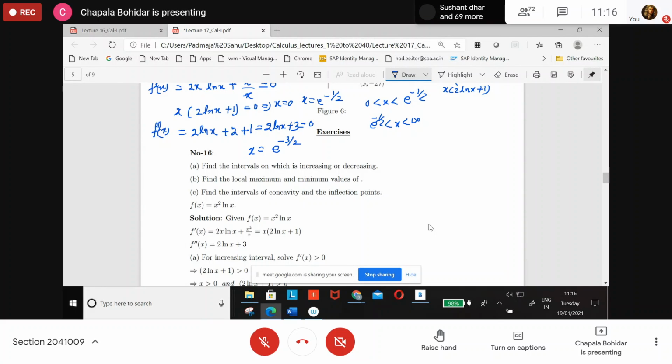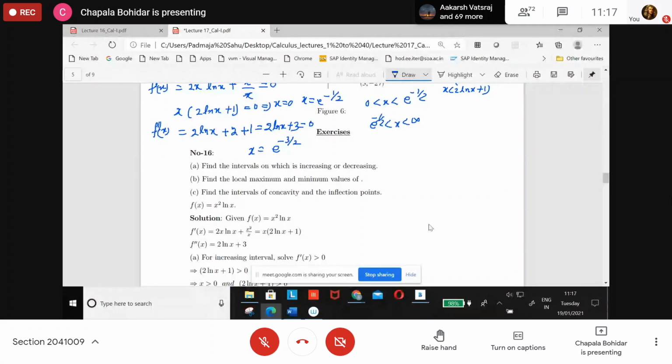I am asking. 0 to e to the power minus half, which is 1 by root e.